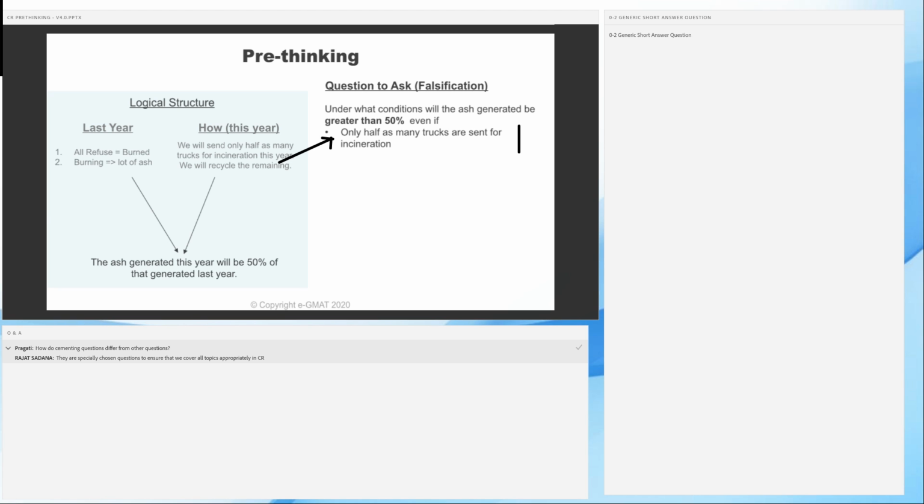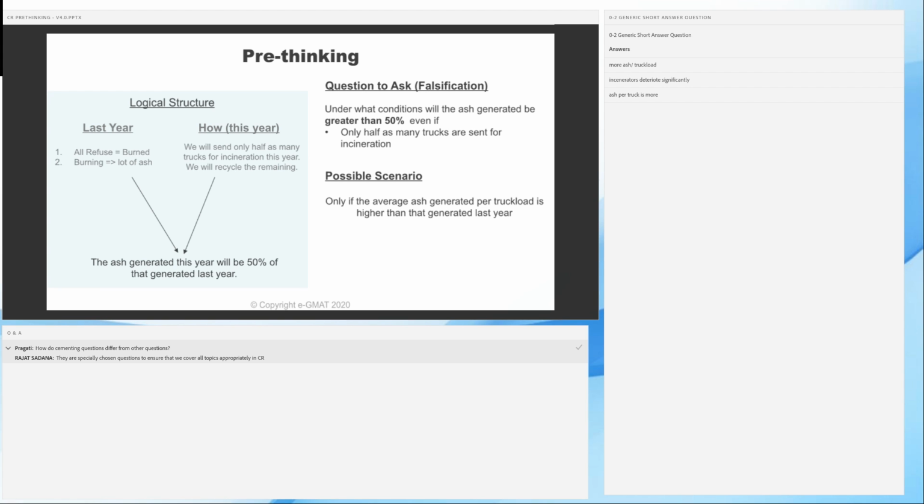In what scenario can we generate ash greater than 50%? What's the only scenario? If there's on average more ash per truckload, right? If you pack those trucks so closely that we generate significantly more ash.